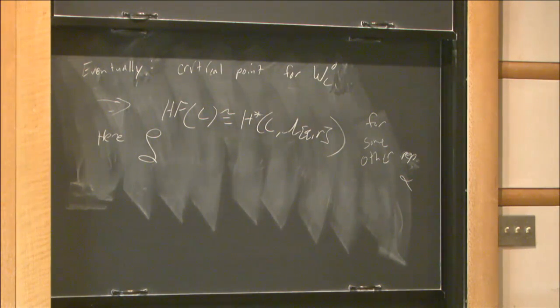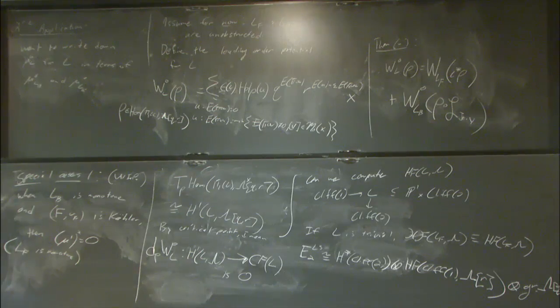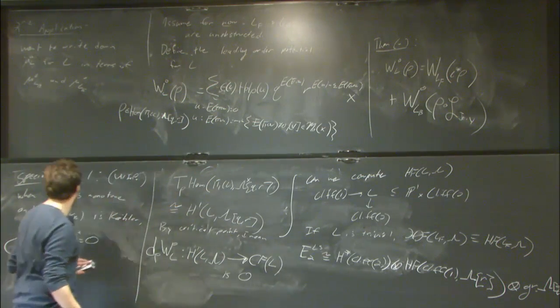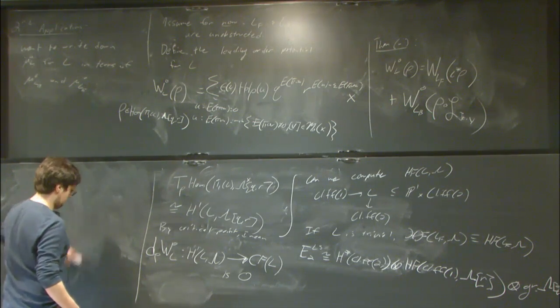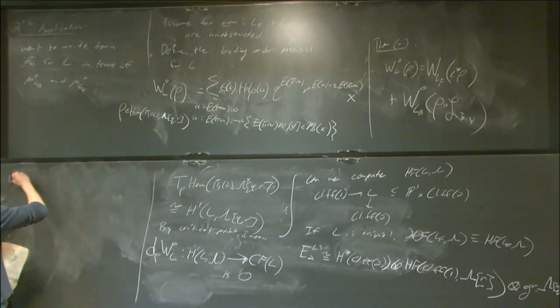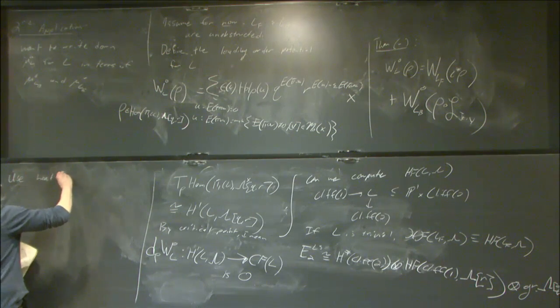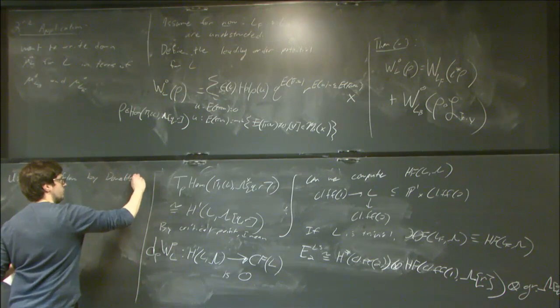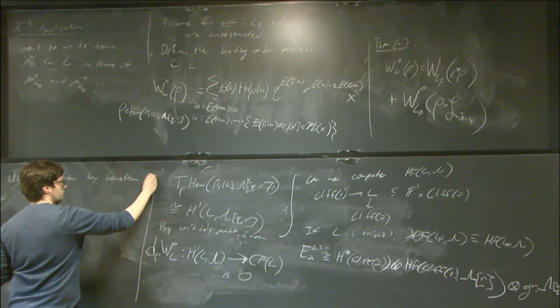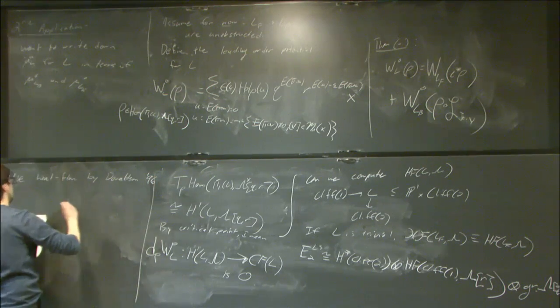Okay, and then this lifting, this L, is like this: when the fibers are Kähler, you can use an idea of Donaldson, and you can sort of trivialize the pullback. So use heat flow by Donaldson. And then I forget what year this is, this might be 96.